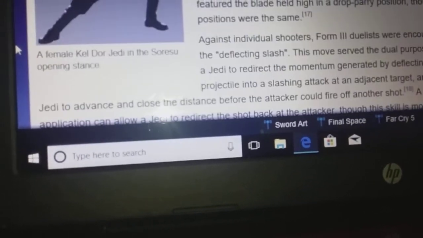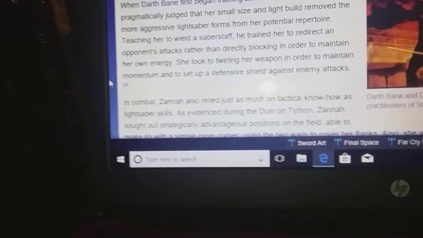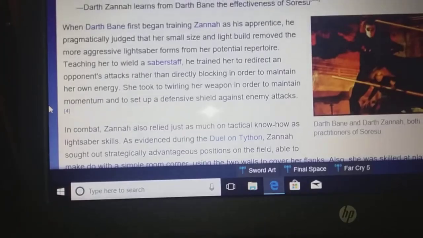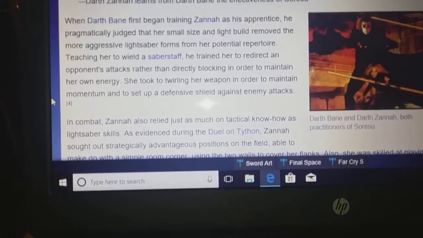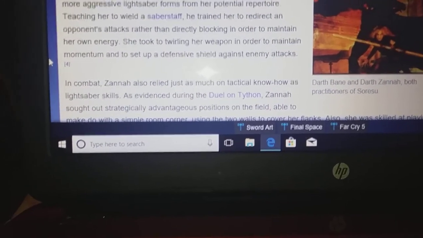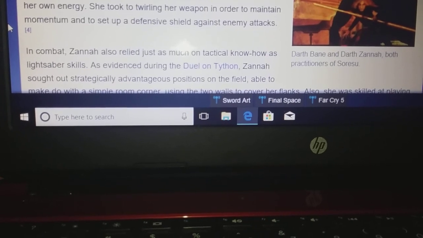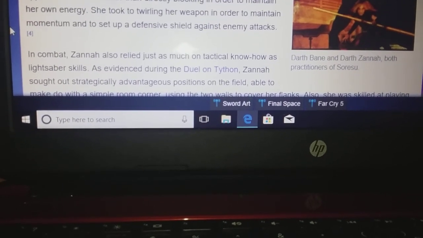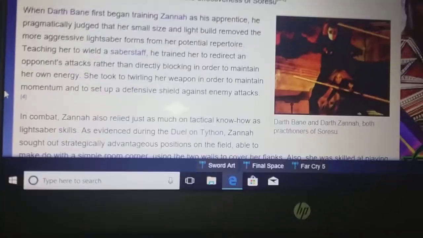This one is hard for me to understand, because now, Form 3 for me is one of the hardest forms to really appreciate, because it doesn't have the elegance and eloquence of Makashi, the simplicity of Shii-Cho, the acrobatics of Form 4, the balance of Form 6, the whatever it is Form 5 has, or the extreme aggressiveness of Form 7.